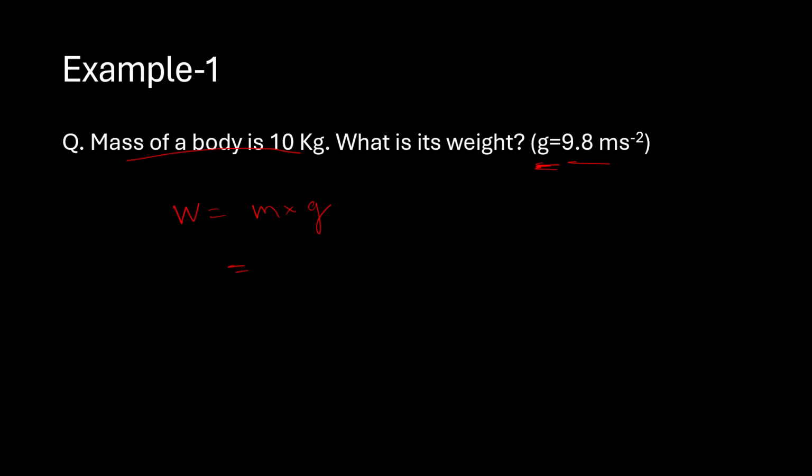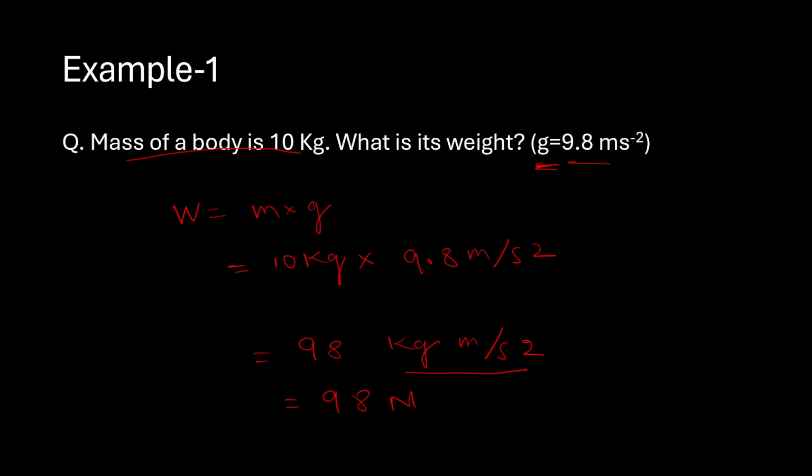So here mass is 10 kg, and g is already given, 9.8 meter per second square, right? So the total is 98 kg meter per second square, and this is Newton, right? So it is 98 Newton. So the weight of that person is 98 Newton, right?